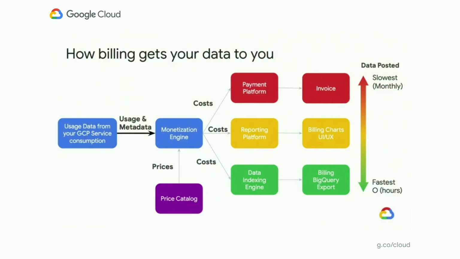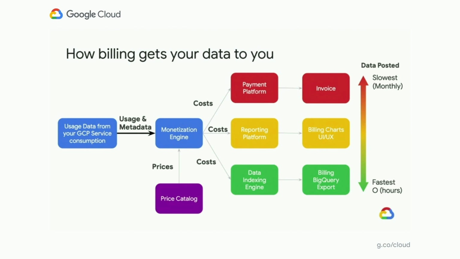Now, in the billing and monetization team at GCP, we take the data in and it flows like this. We get usage at different intervals depending on which GCP service you're talking about, such as GCS, our storage service, Kubernetes Engine, or Compute Engine. In a simplified sense, we take that data in and tally up the total usage we've received and determine how much it should cost based on a number of factors, such as price, discounting, and other modifications.